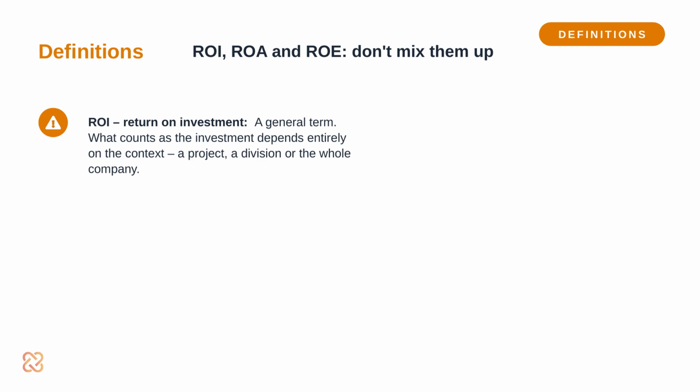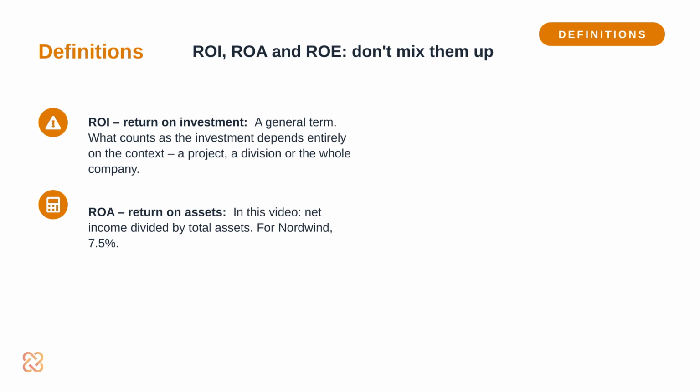Before we add the third driver, a few words on three abbreviations that are easy to confuse. ROI, return on investment, is the broadest term. It is a general expression, and what counts as the investment depends on context: a project, a division, or the whole company. ROA, return on assets, is net income divided by total assets.